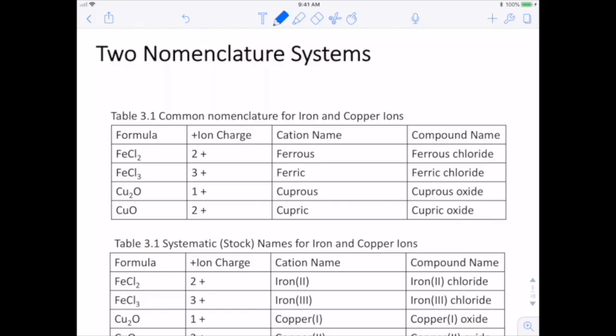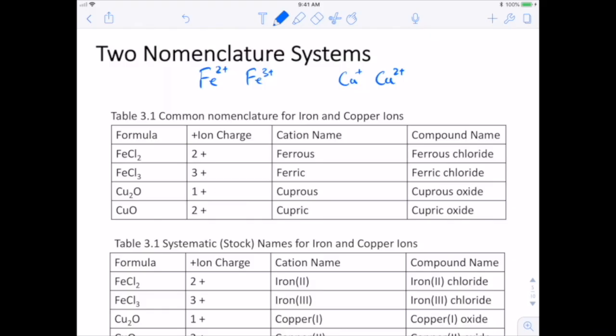For example, let's take a look at iron. Iron, Fe, can actually take on 2 different forms. It could be a 2+ cation, or it can form a 3+ cation. Copper, for example. Copper can be found as a 1+ cation or a 2+ cation.